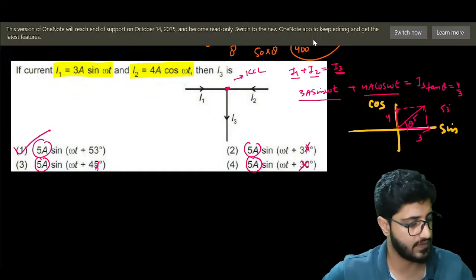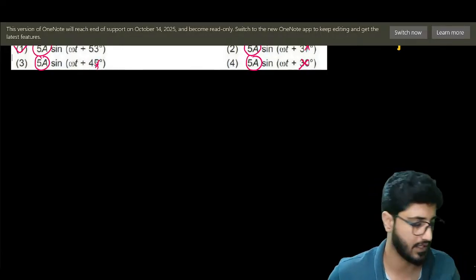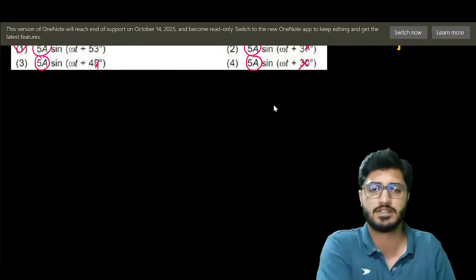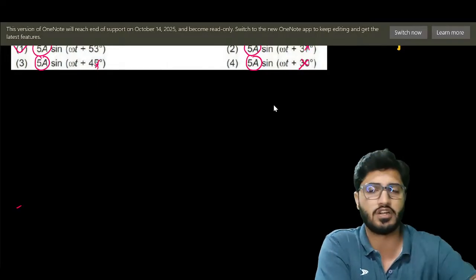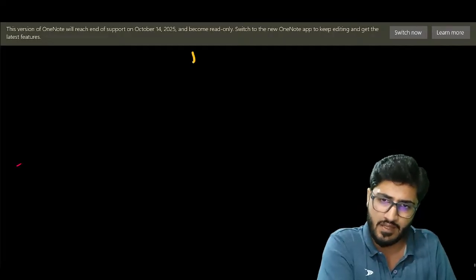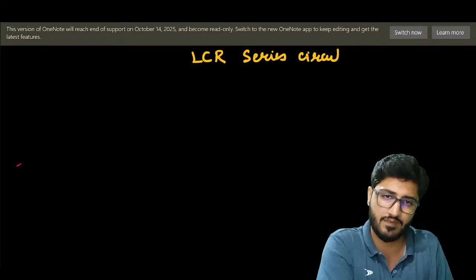Now we will start one of the most important topics from AC, that means the LCR series circuit. What are we going to deal with now? I will write here LCR series circuit.